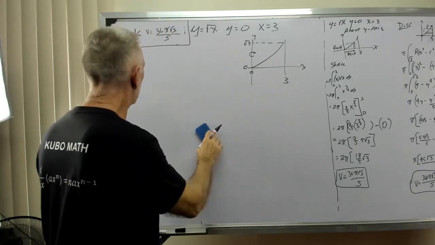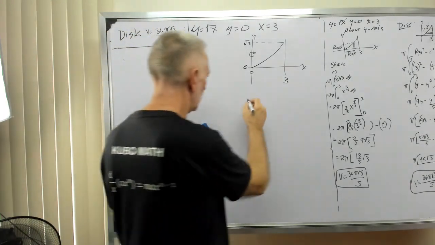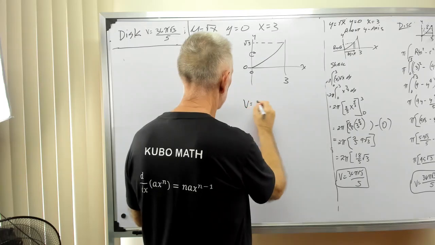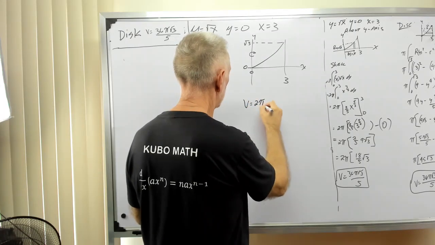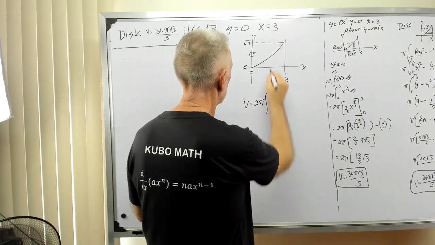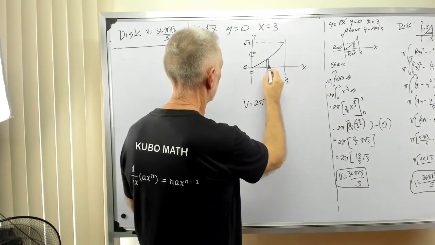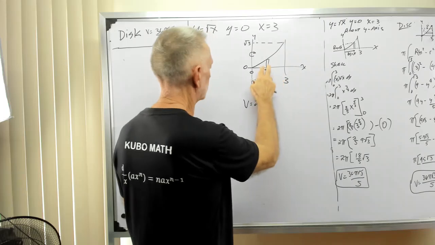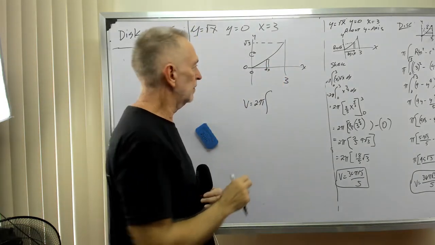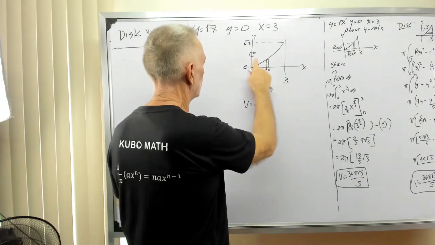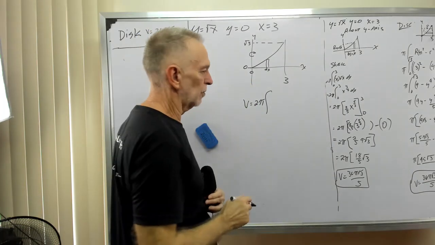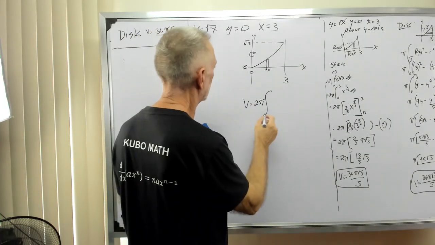All right, the formulation for volume in the shell method was 2 pi, the integral. Oh, and before we go into that, in this case you're setting up dx, that rectangle, parallel to the axis you're rotating around. Okay?